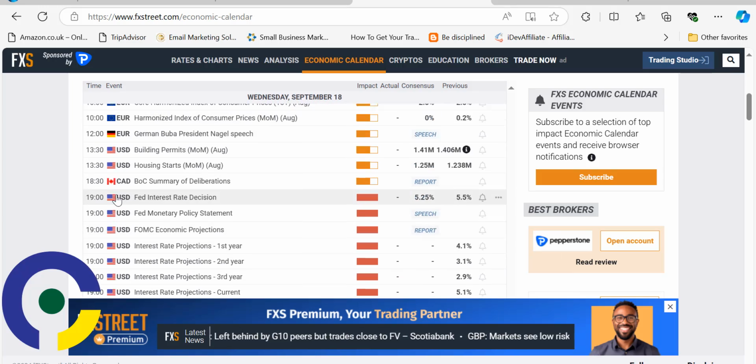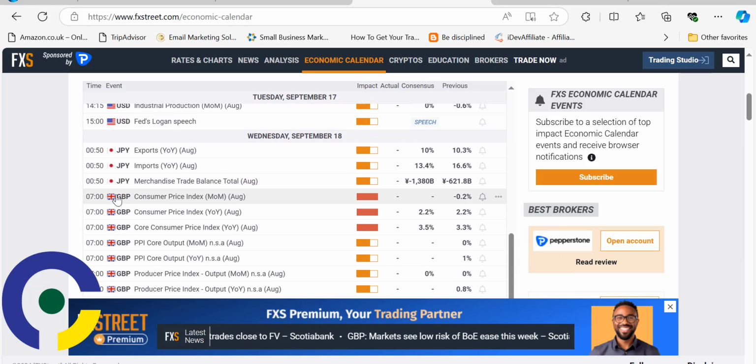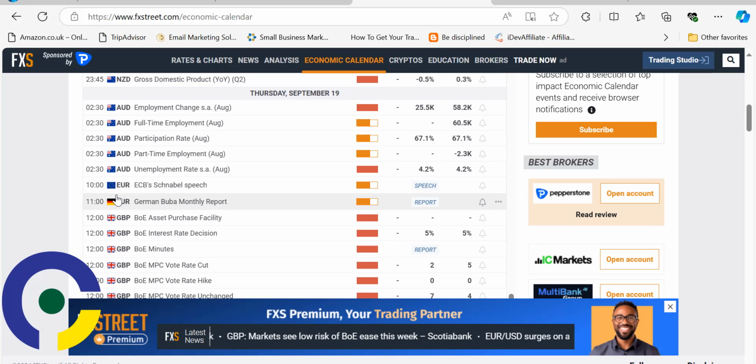Okay, so you then move on to Thursday. On Thursday, we are going to be focusing in the morning on the AUD rates and unemployment rate. In fact, there's unemployment change, full-time employment, participation rates, part-time employment, unemployment rates, all coming out at the same time from Australia.